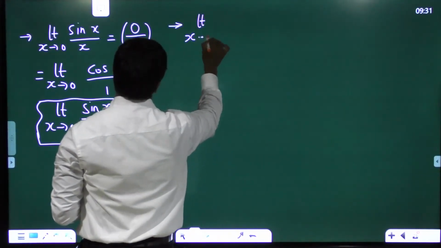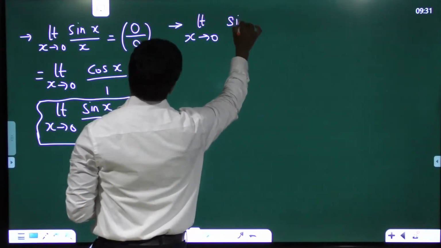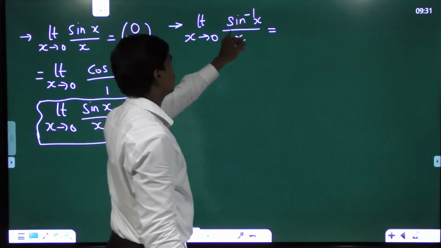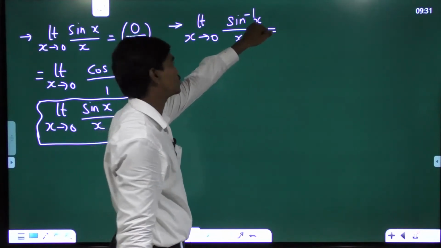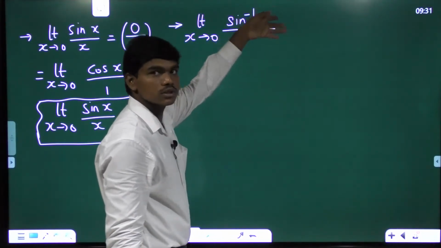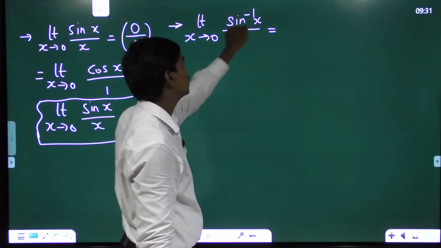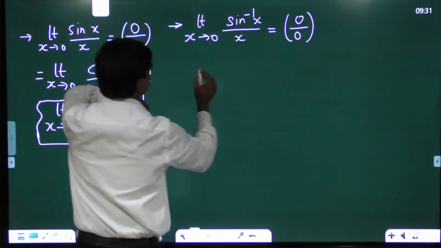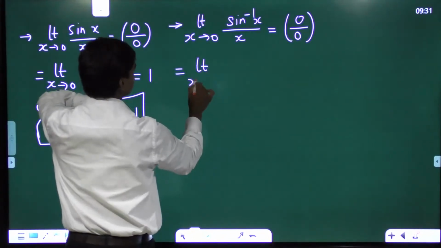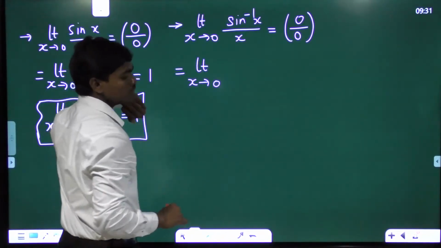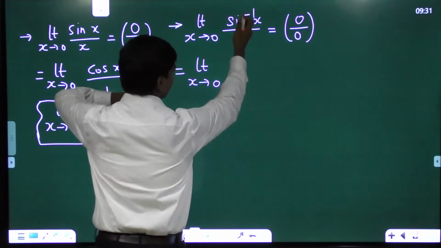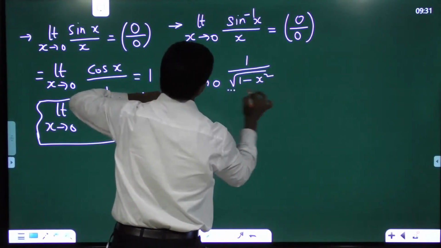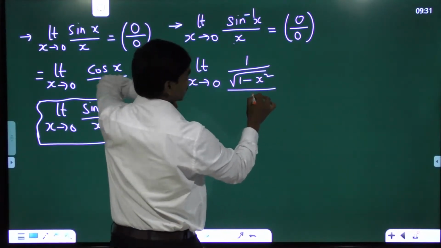Limit x tends to 0, sin inverse x by x. Again, when x tends to 0, sin inverse x tends to 0, because sin 0 is 0. So sin inverse of 0 is also 0 divided by 0. So this is giving you 0 by 0 form. So this is equal to limit x tends to 0. If you apply L'Hospital rule, we'll be getting differentiation of sin inverse x is 1 by root of 1 minus x squared divided by differentiation of x with respect to x, which is 1.